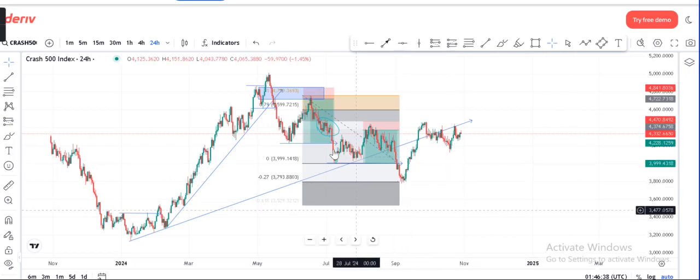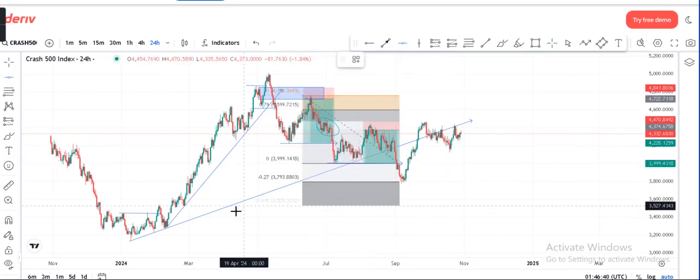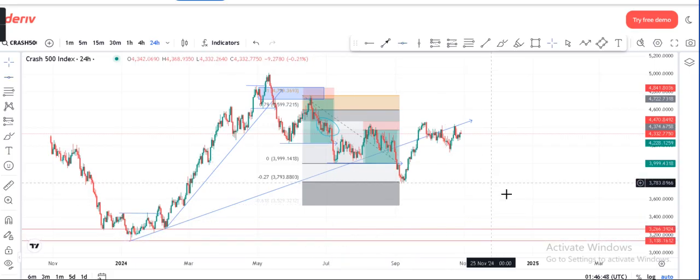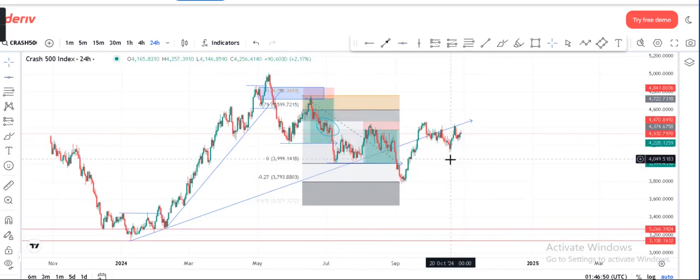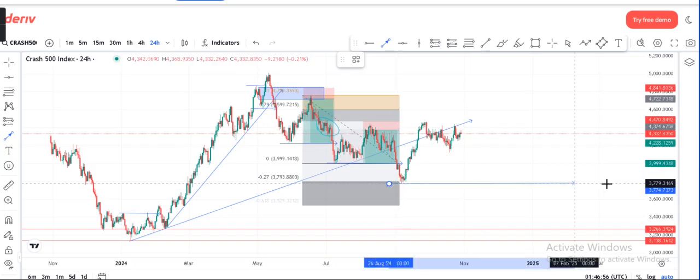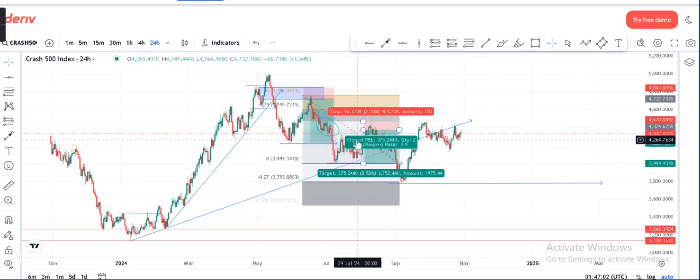Now, this having happened, we are looking out for two levels, which is this level as our first take profit level and this level as our final take profit level. So that is where we are expecting this market to drop towards. Now we currently have a low here, which makes a little bit of sense.